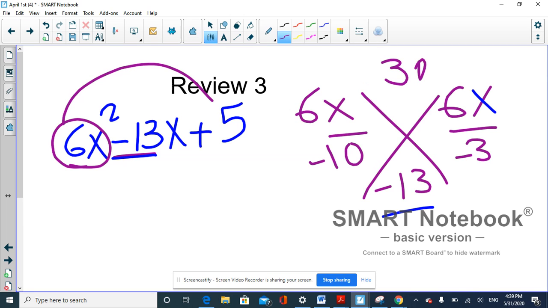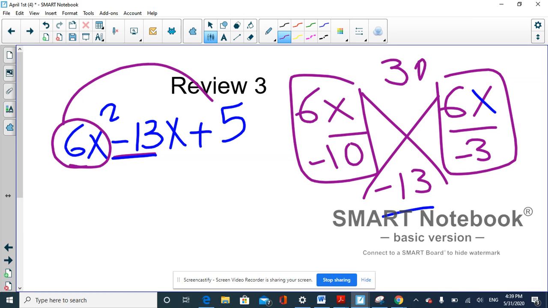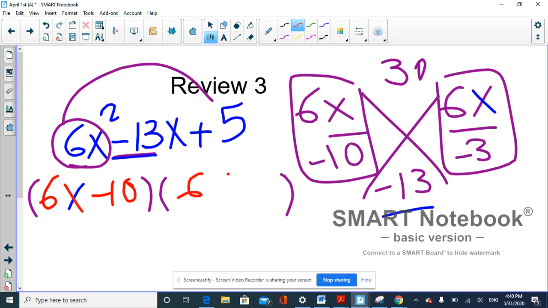Now the two factors. Write the two factors and just put them in simplest form. The first one, 6x minus 10. The second one, 6x minus 3. Put them in simplest form.